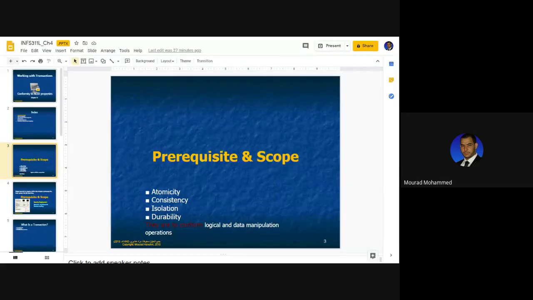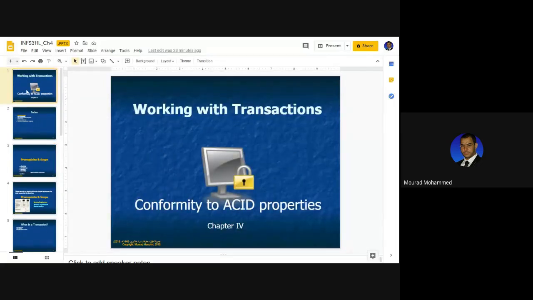The properties via which we start defining what a transaction is are mainly 4, standing behind the acronym ACID: atomicity, consistency, isolation, and durability. ACID. So we talk about conformity to the ACID properties.